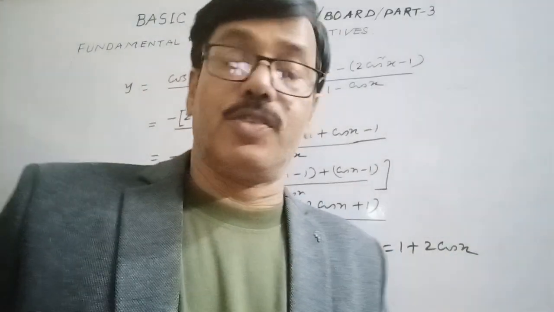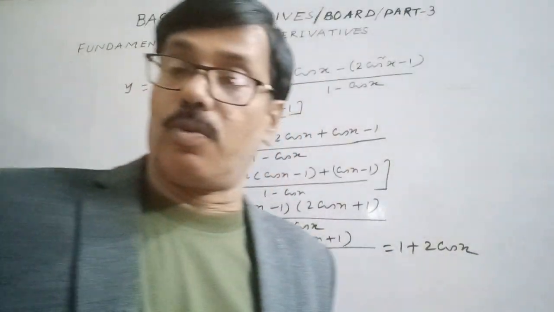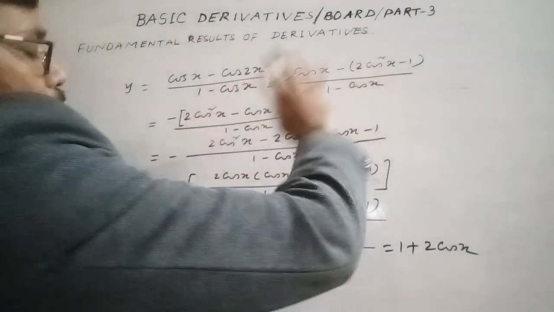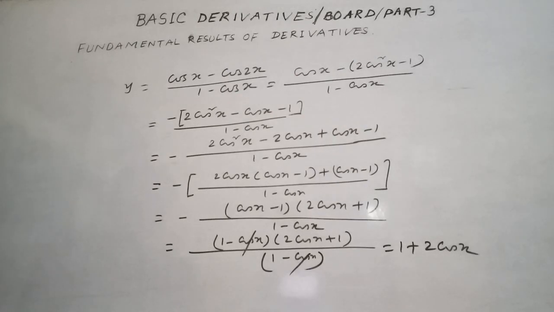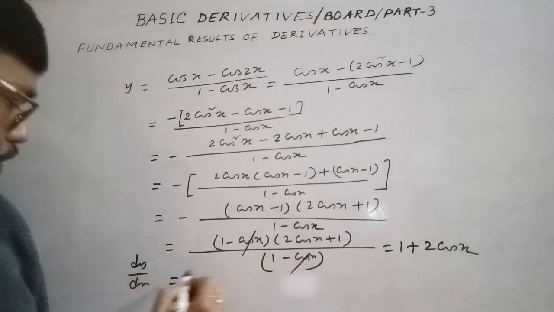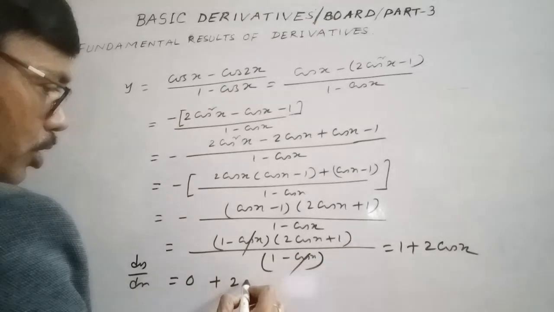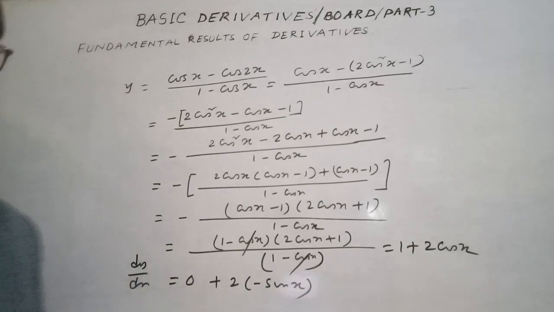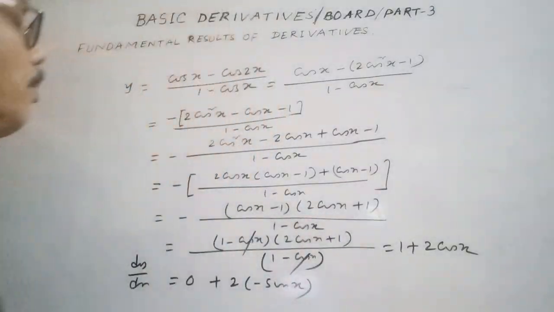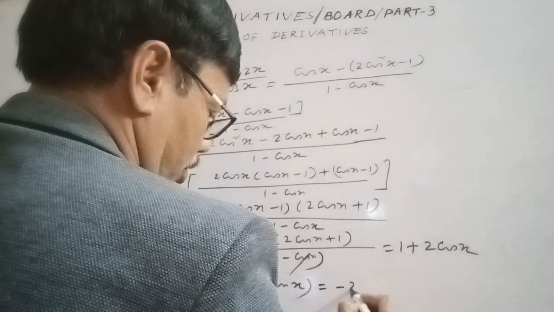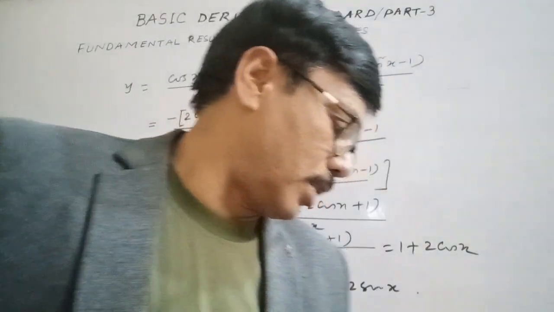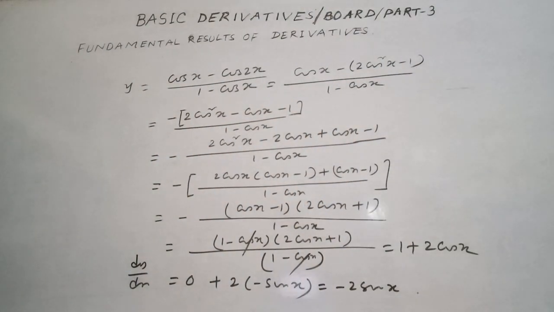So the main aim is to put it in simplified form if possible. If you cannot simplify it, you have to use the quotient rule. Now dy by dx: derivative of 1 is 0, 2 unchanged, derivative of cos is minus sin x. So the derivative is minus 2 sin x.